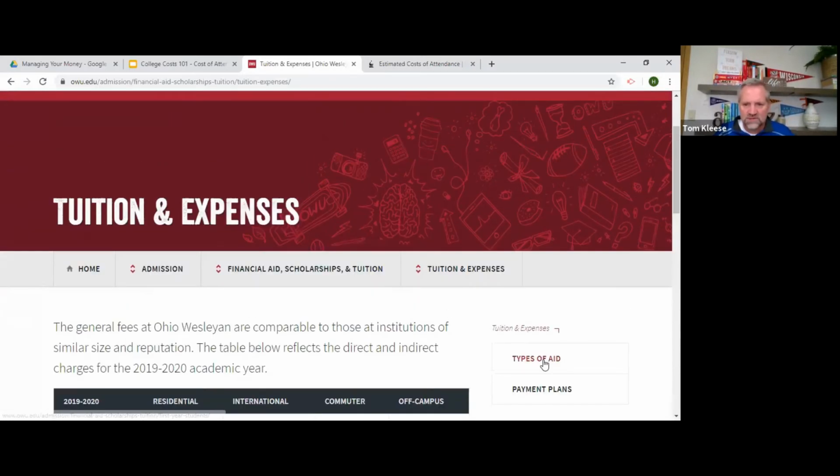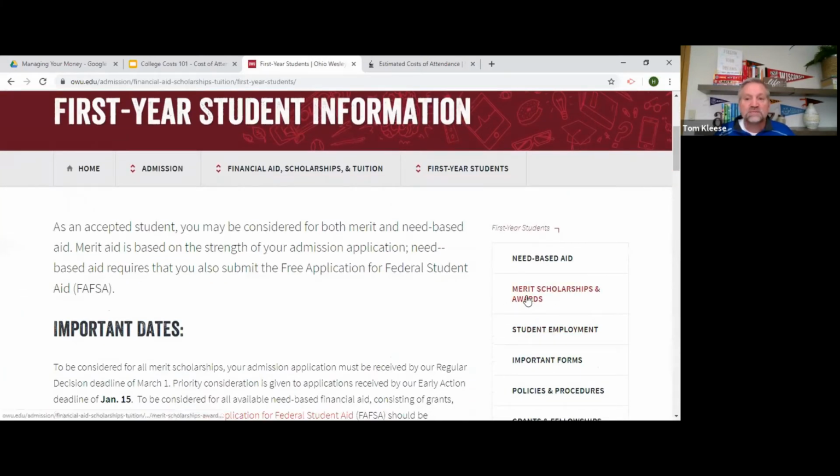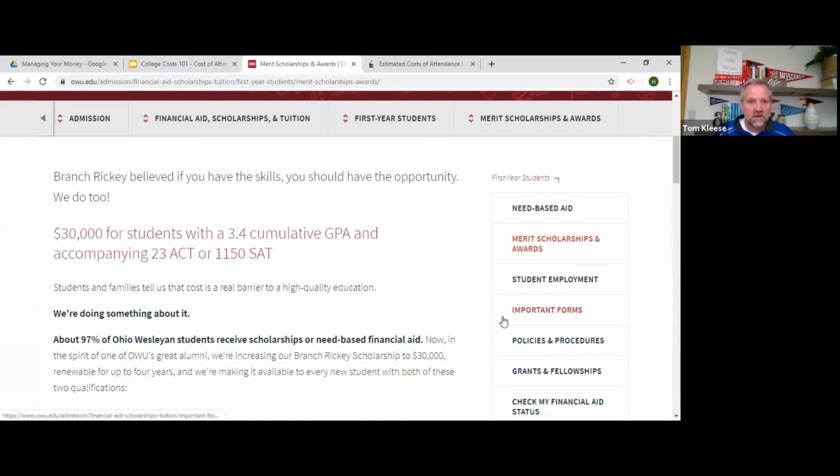However, if we go under types of aid, and let's look at merit scholarships and awards. Remember we talked about these in the last video? Okay, Ohio Wesleyan, what do you got for me? Ooh, well, Branch Rickey's got something for me. Branch Rickey is going to give me $30,000 per year with a 3.4 cumulative GPA. That's your GPA when you apply.